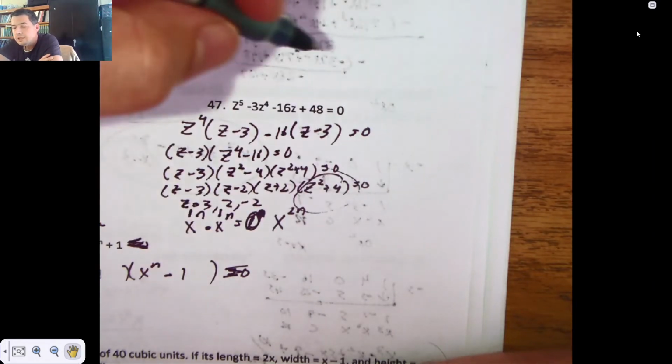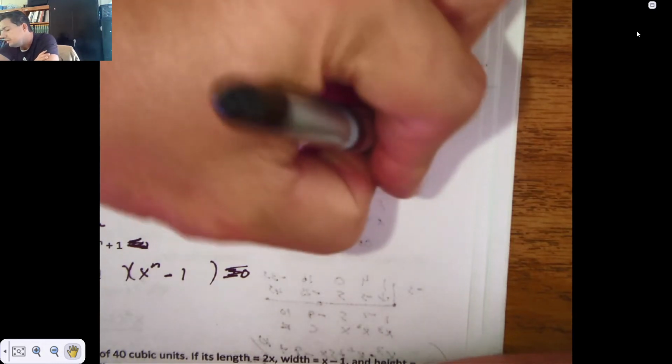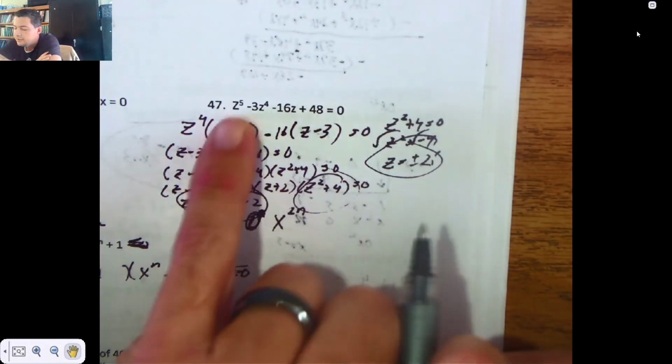And this bad boy's got to be worked with. Z squared plus 4 is 0. Z squared is negative 4. Square root, z is plus or minus 2i. So 5 solutions. No surprise, z to the fifth would have 5 solutions. That one actually has 5 distinct solutions.